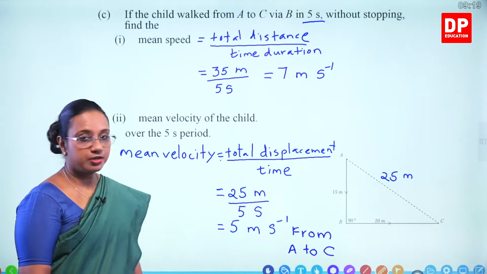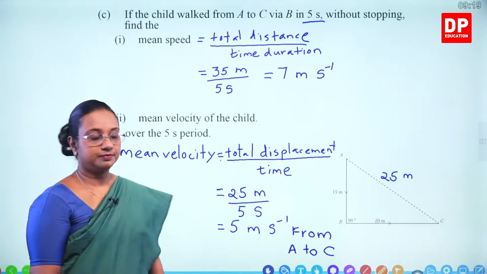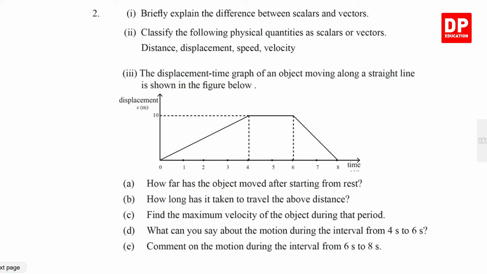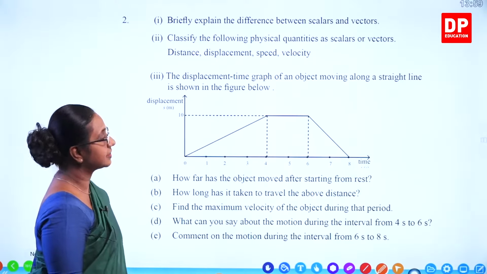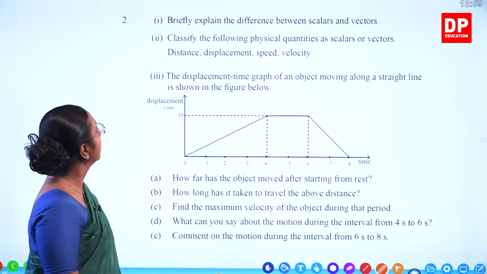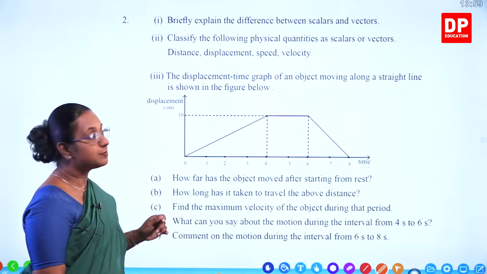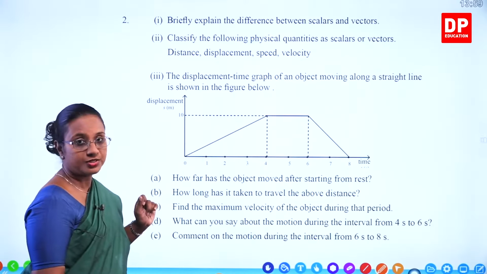Now, we will go on to the next question. Briefly explain the difference between scalars and vectors. Classify the following physical quantities as scalars or vectors: distance, displacement, speed, velocity.